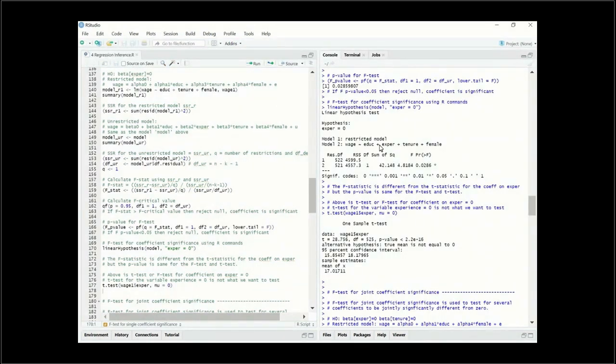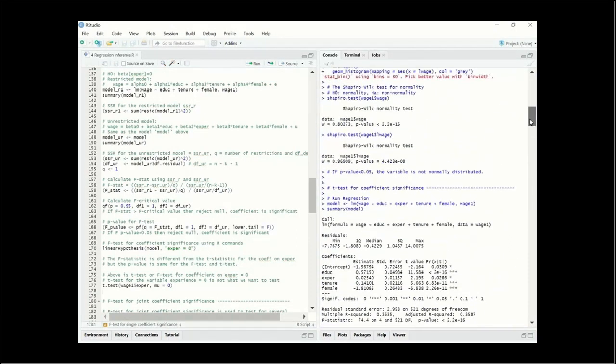So another important point to make here is that the F statistic is different from the T statistic before. So this is the F statistic, and the T statistic was a different number. But if you look at the p-value and the p-value in the original table, that would actually be the same.